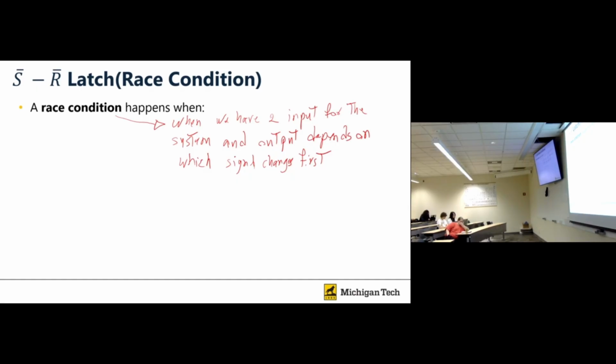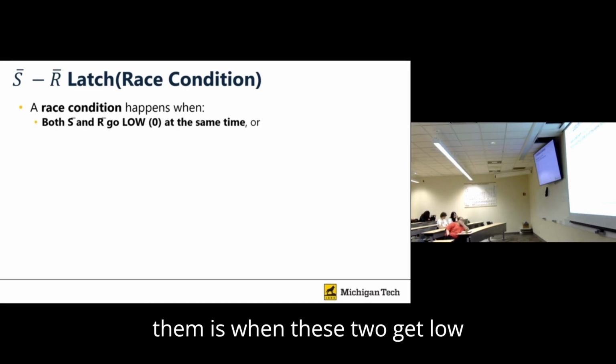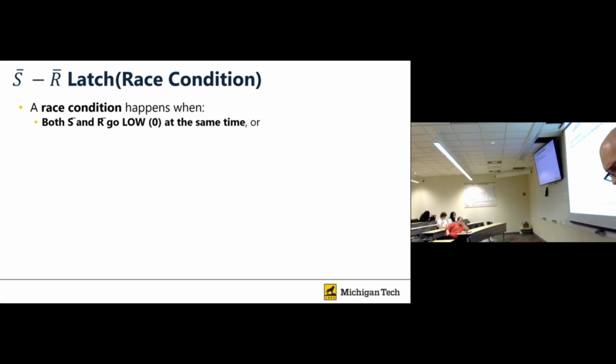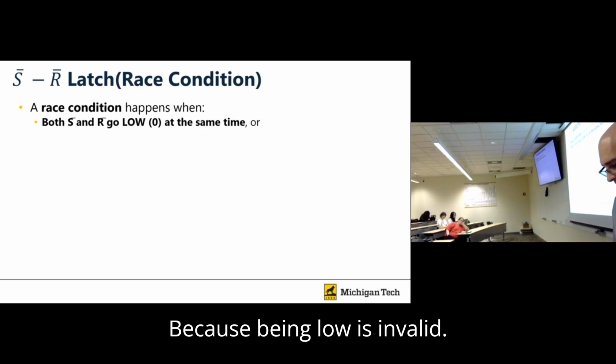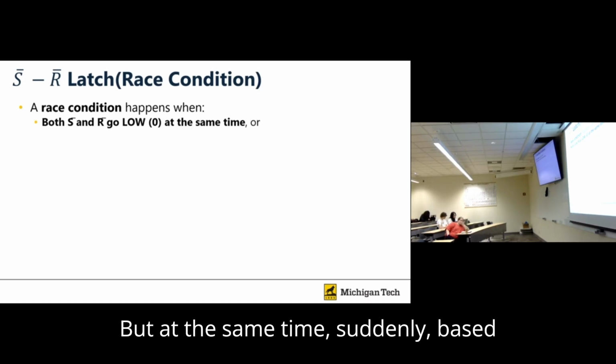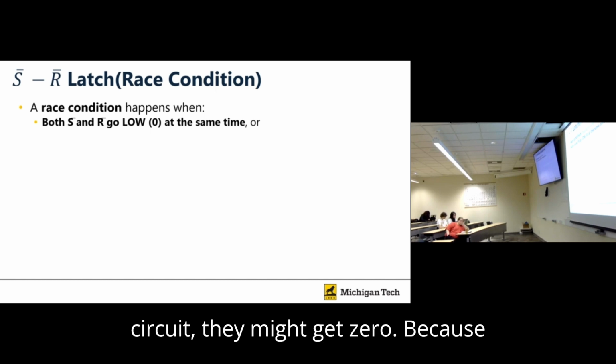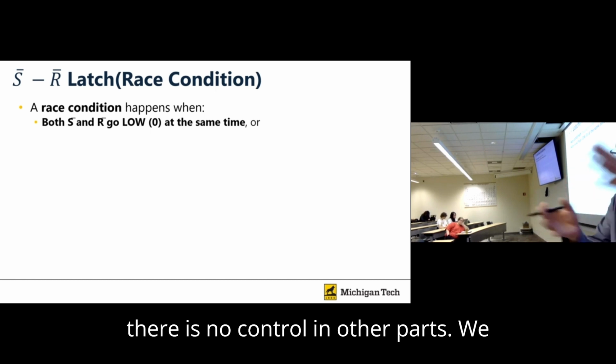So how does this happen in a set reset latch or active low set reset latch? It can happen in different ways. One of them is when these two get low at the same time. Because being low is invalid, but at the same time, suddenly, based on different situations in the circuit, they might get 0 because there is no control in other parts.